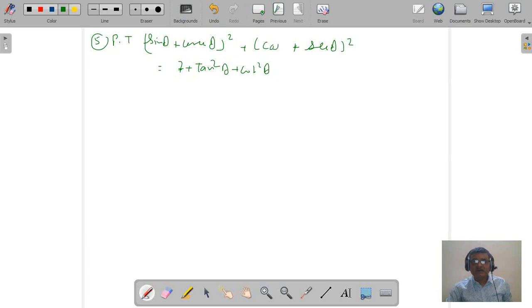Now we are going to solve. We are taking the left hand side.